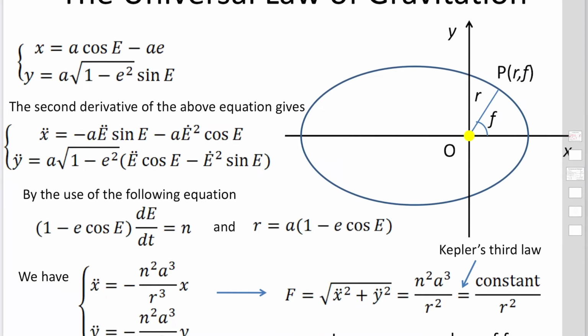If we use the eccentric anomaly, x equals a cos E minus ae, and y equals a square root of 1 minus e squared sin E. So x dot you can calculate as minus a E dot sin E, and y dot equals a square root of 1 minus e squared E dot cos E. Then we have the first derivative.